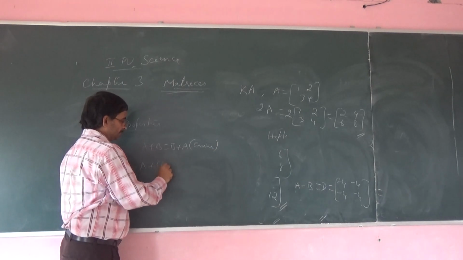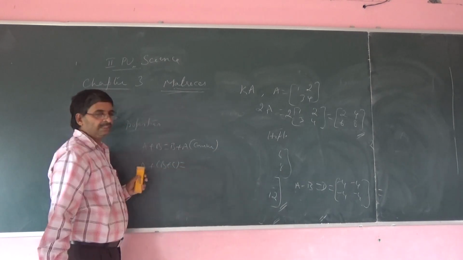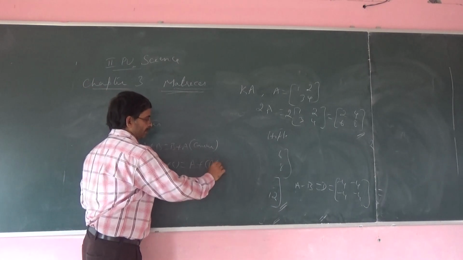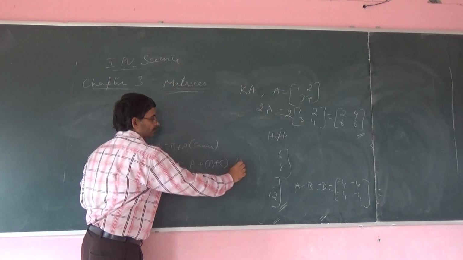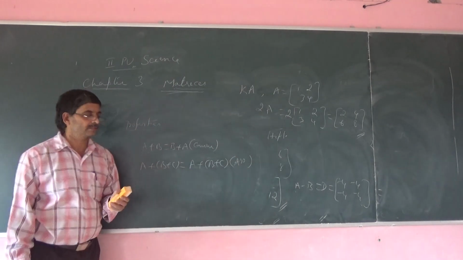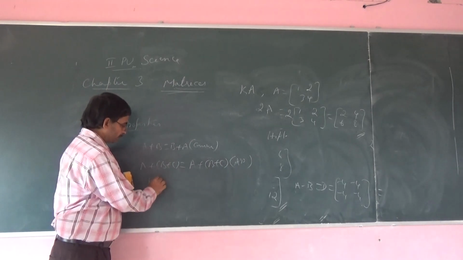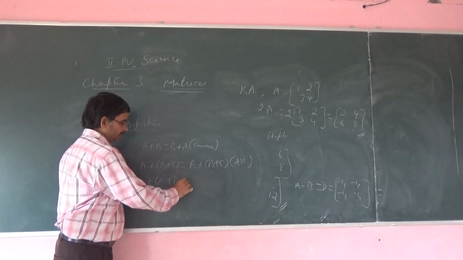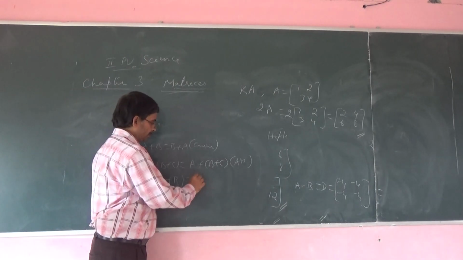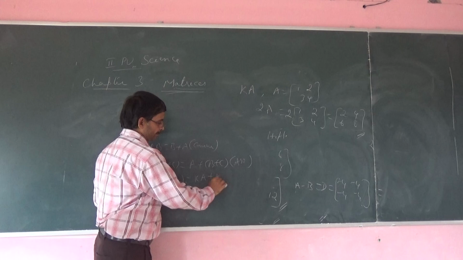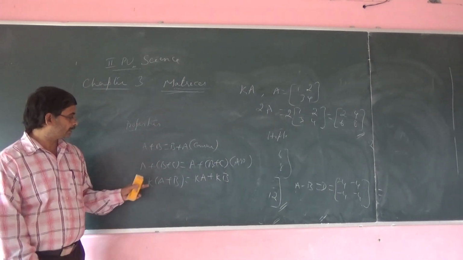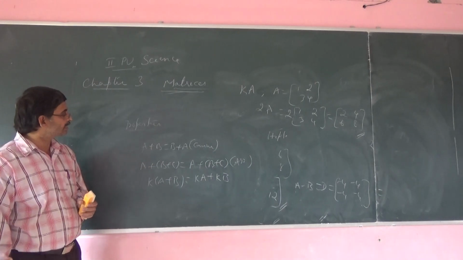A plus B plus C equal to A plus B plus C, grouped either way. This is called the associative property. Next, K into A plus B is Ka plus Kb, where K is a scalar. This is the distributive property.